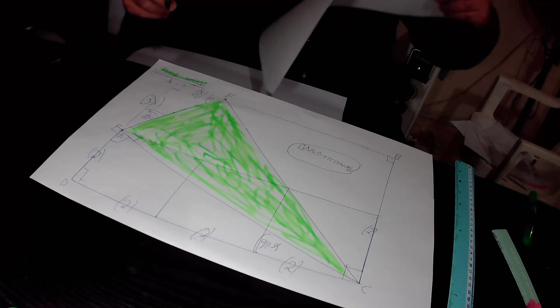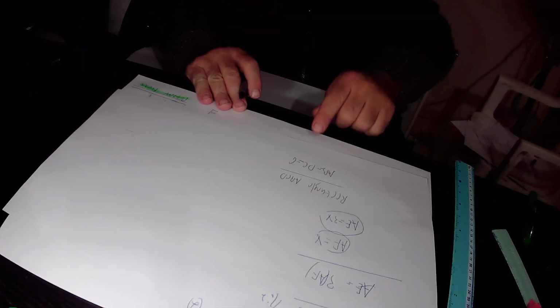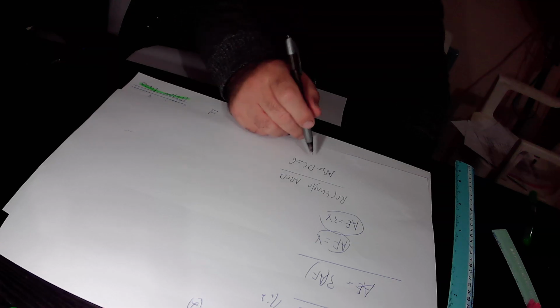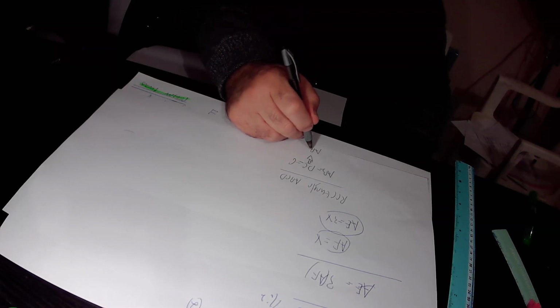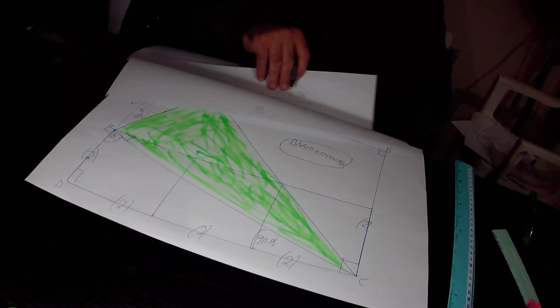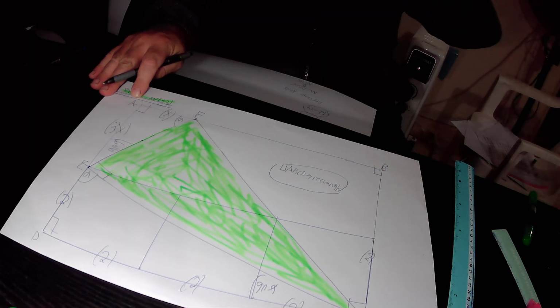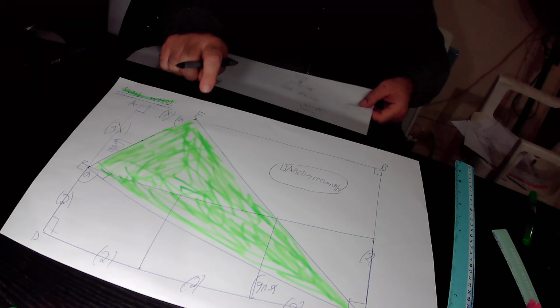So we can write here that DC equals 6. And from this equation, AB equals DC equals 6. We derive that AB must also equal 6 units in its length.